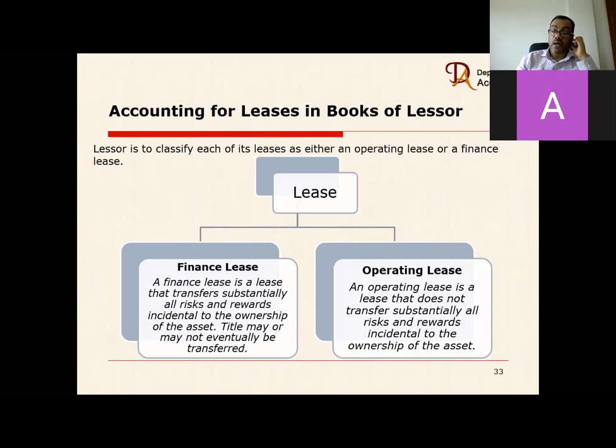As I told you, from the lessee's perspective, the lease is a simple arrangement to hire assets. When someone hires an asset on a lease agreement, we talked about specific characteristics of such a lease arrangement, its irrevocability, legal concerns, and all those things.